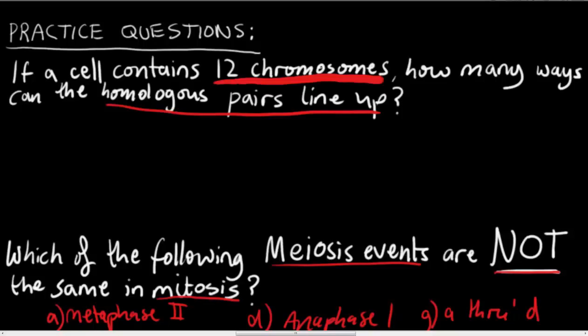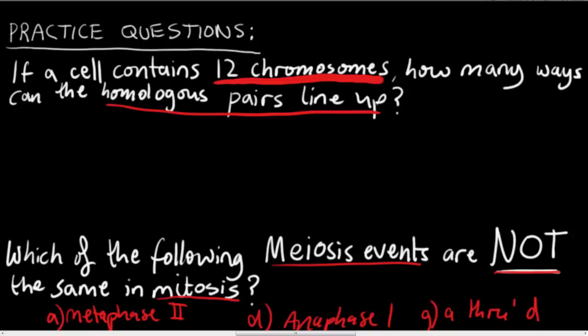So if a cell contains, and as you see here, I've highlighted 12 chromosomes and the homologous pairs lining up. So if you have 12 chromosomes, how many ways can they line up? Pause the video, figure it out, see what you get, and then I'll give you the answer. Pause the video now.